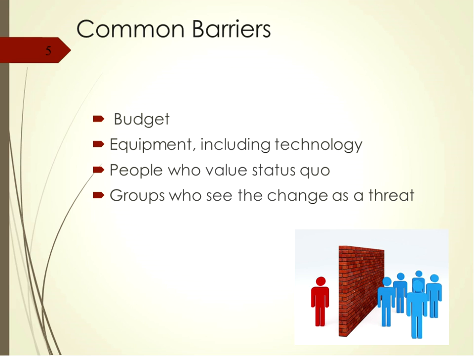Although each situation has to be analyzed, some common barriers exist for almost every change. The first is budget. If the change doesn't save money, at least in the long run, it will be difficult to secure support from the administrators who have key accountability for costs. Even the planning sessions have money associated with them because the people in those sessions are not providing care or performing normal work.